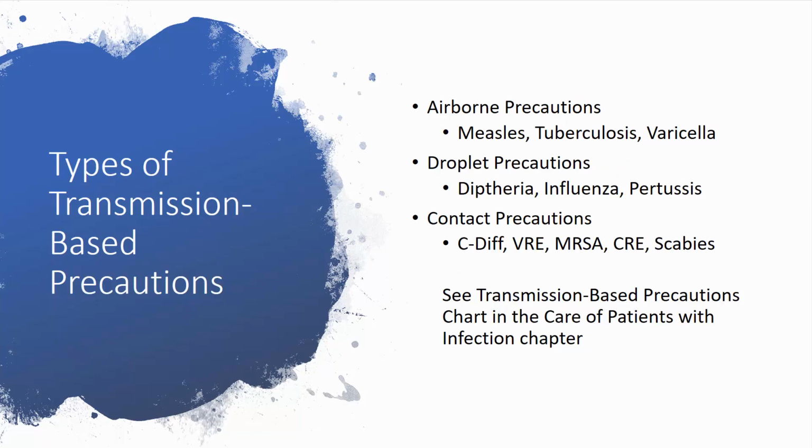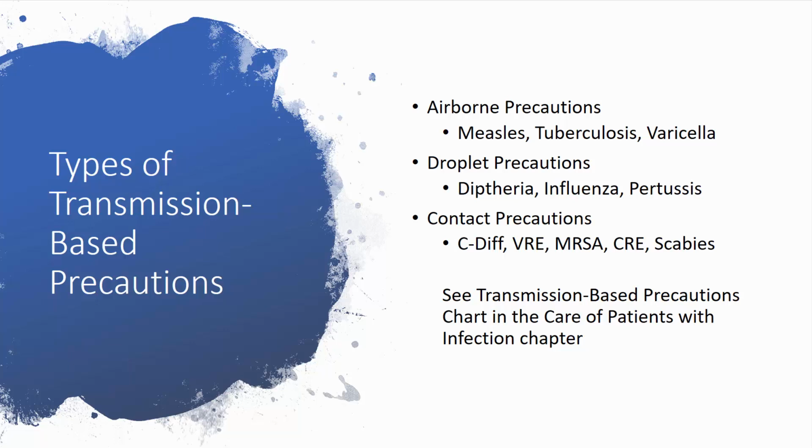While I'm talking about all these infections, I always like to touch on the types of precautions you're going to use. You have a great chart in your book called Transmission-Based Precautions, in the chapter on care of patients with infections. You are responsible for knowing what you wear for airborne precautions versus droplet precautions versus contact precautions.